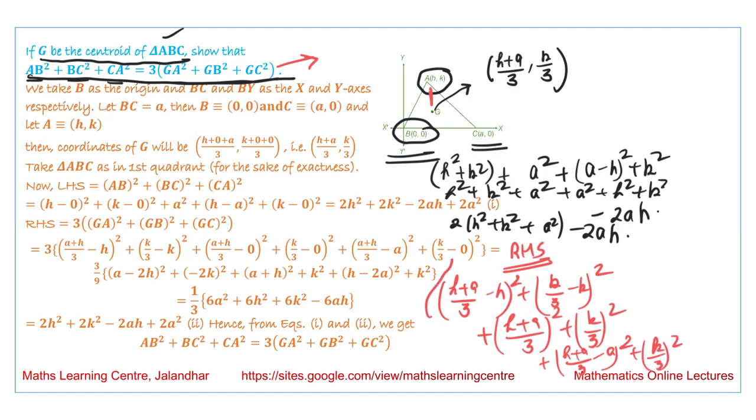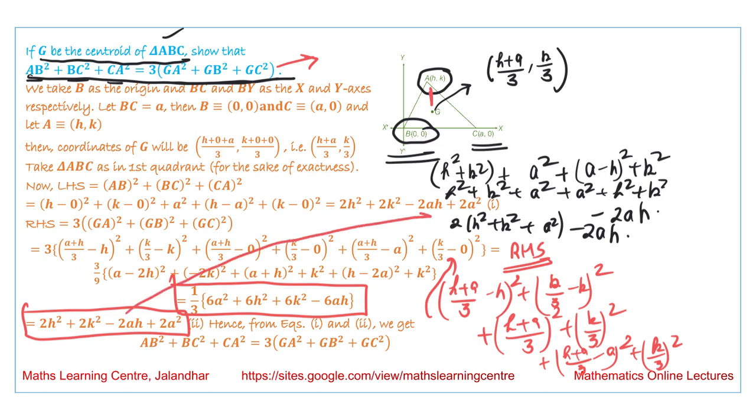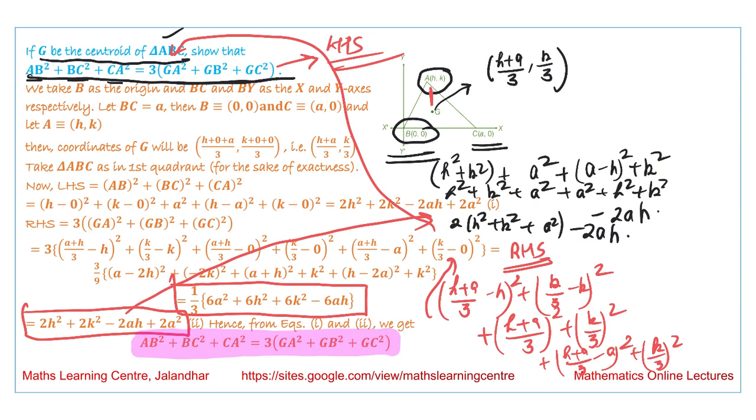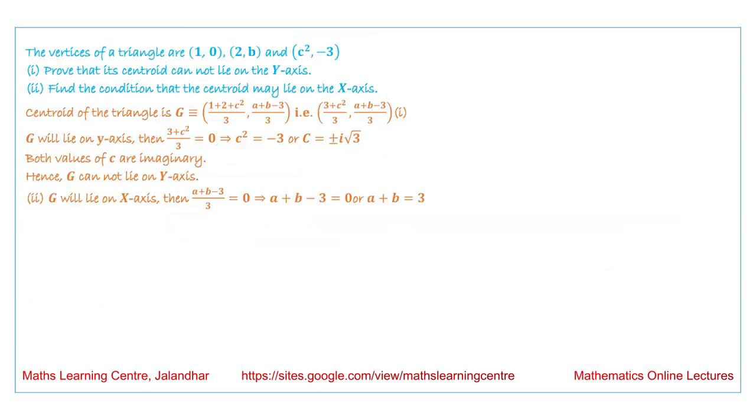So if we solve these values, the final answer you will obtain is in this form. This answer we are getting is the same as what we have obtained for the left hand side. So both these values are equal to each other. So we have proved this result, that AB square plus BC square plus CA square is equal to 3 times (GA square plus GB square plus GC square).